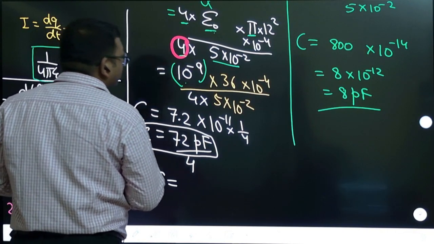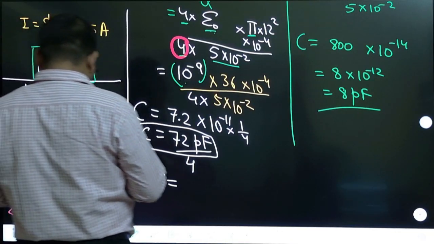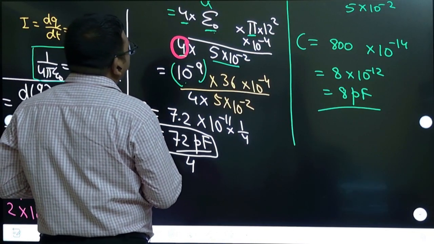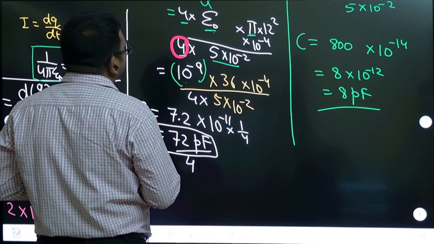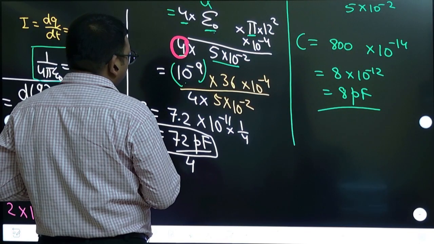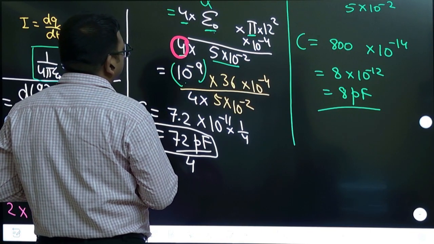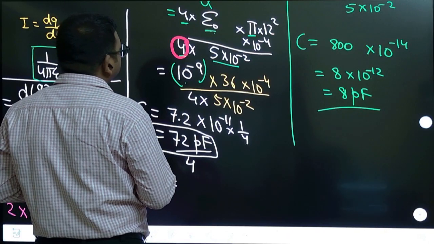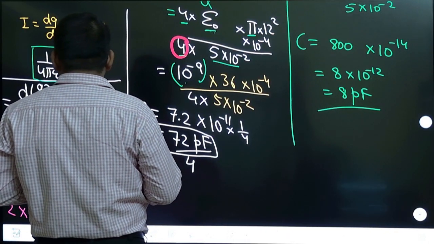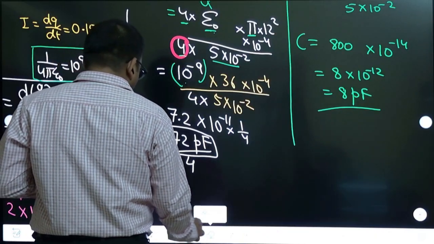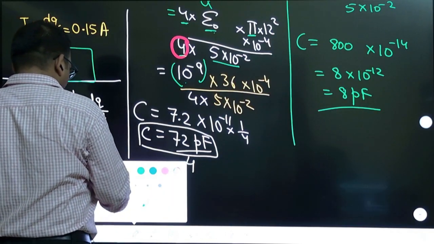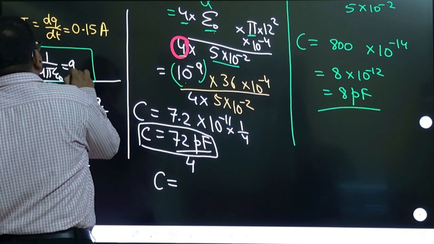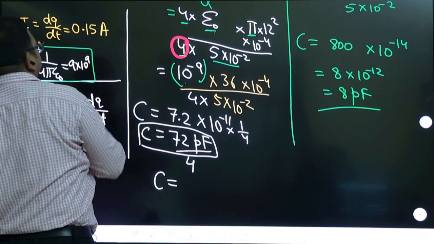Not coming, huh? Where is the mistake happening? Oh, 9 into 10 to the power 9, correct.